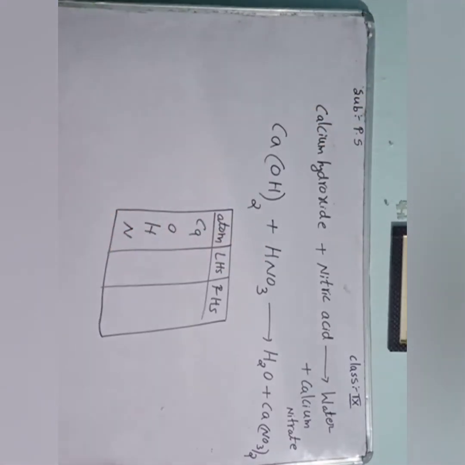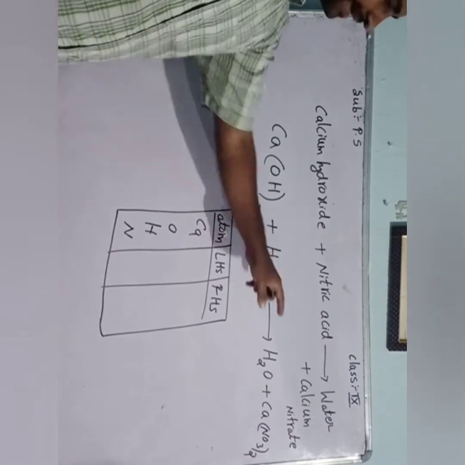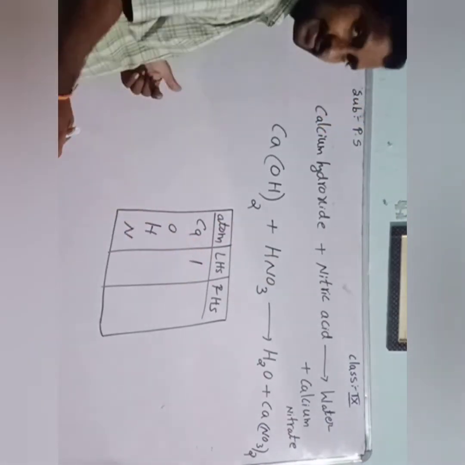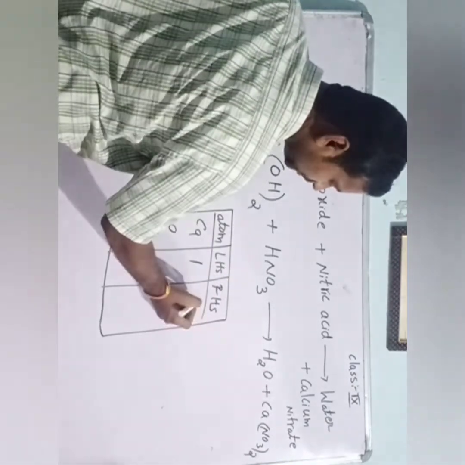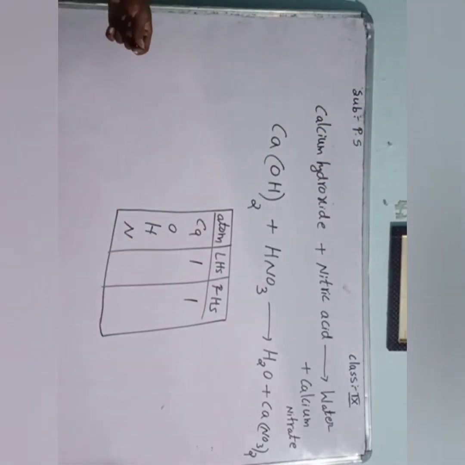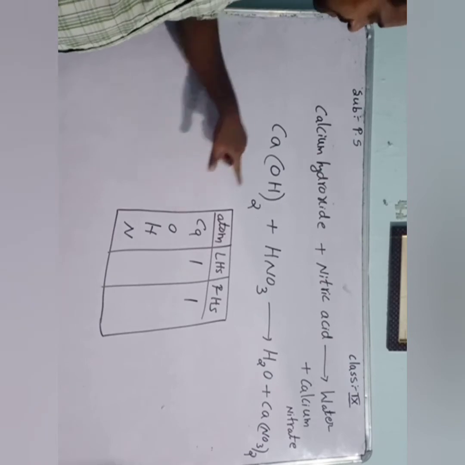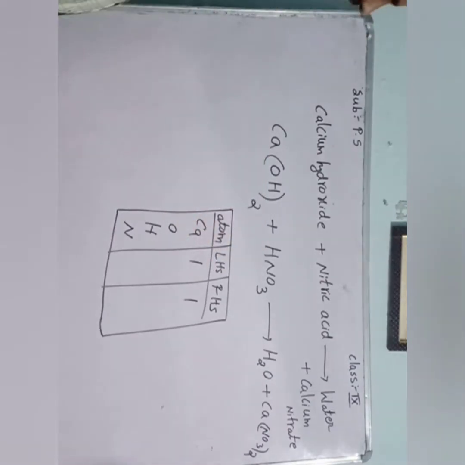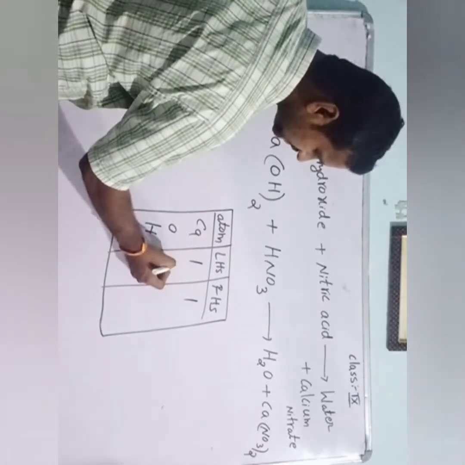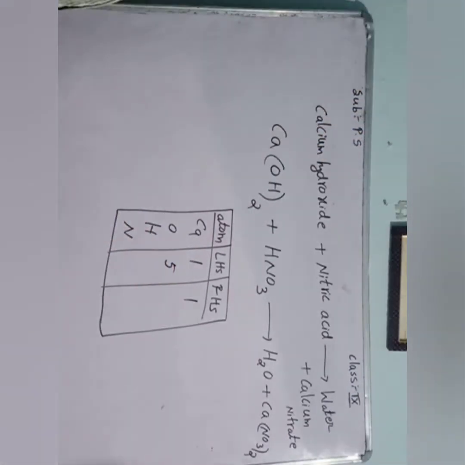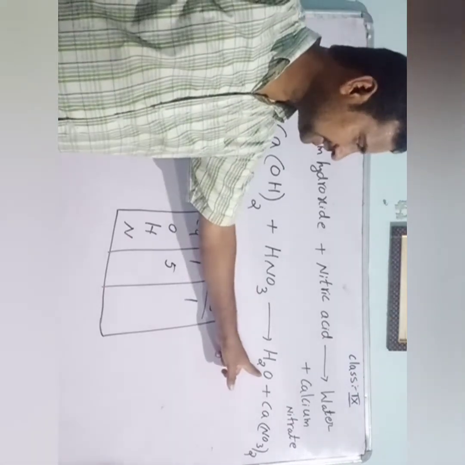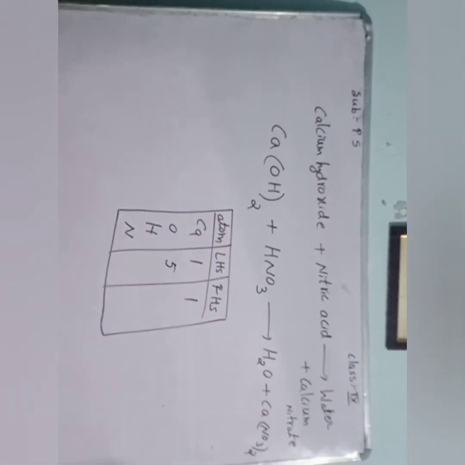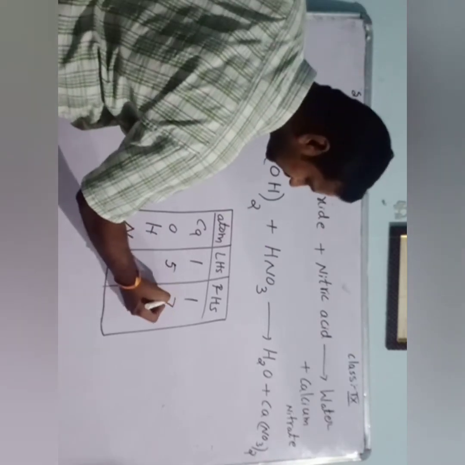Clear? Now count the atoms in both LHS and RHS. Calcium, only one atom in LHS and RHS also only one atom. Now count the oxygen atoms. Oxygen 2 atoms plus 3 atoms, so 2 plus 3, 5 atoms. In RHS 1 oxygen and 3 into 2, 6 oxygens. So 6 plus 1, 7.